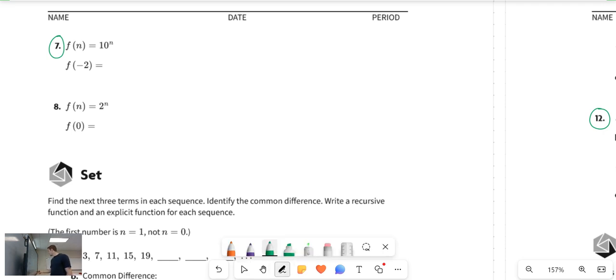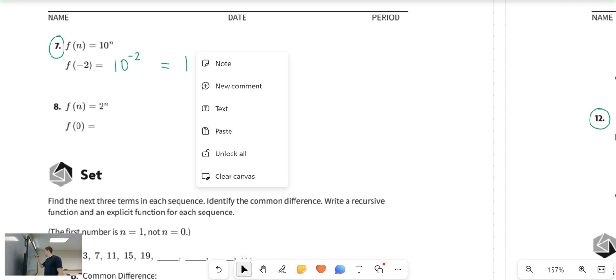So 10 to the negative 2 is like saying we have some number 1, and we divide it by 10 twice. Divide by 10, and then divide by 10.